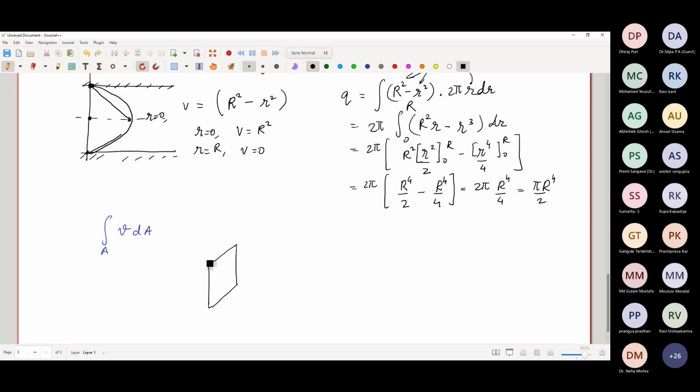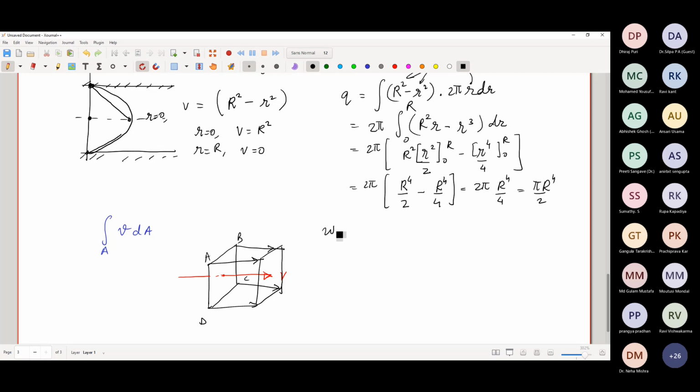So the area is like this, the velocity was something like this, and we imagine that the area is moving with the velocity, and therefore it sweeps a volume. It is able to sweep a certain volume.